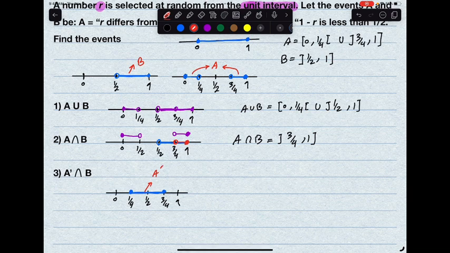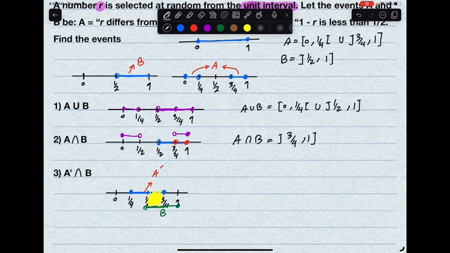Now we're going to find the intersection with B. Here is A complement. Now what is B? B is from 1 over 2, not included, to 1, where 1 is included. The intersection you can see is this part between 1 over 2 and 3 over 4.